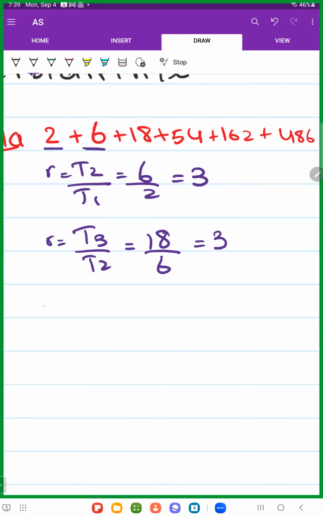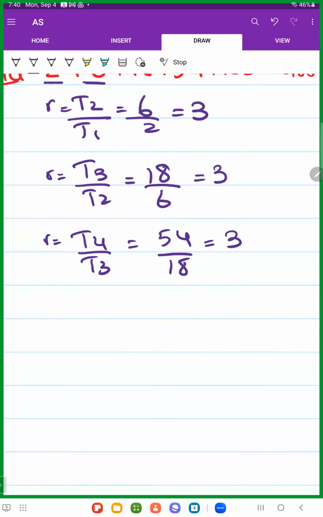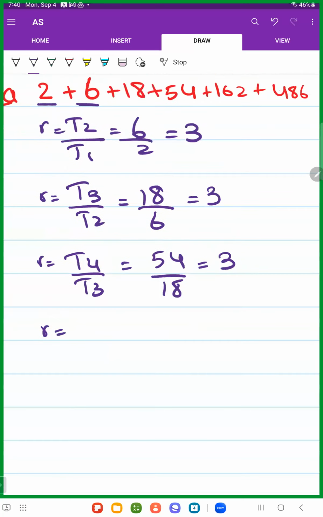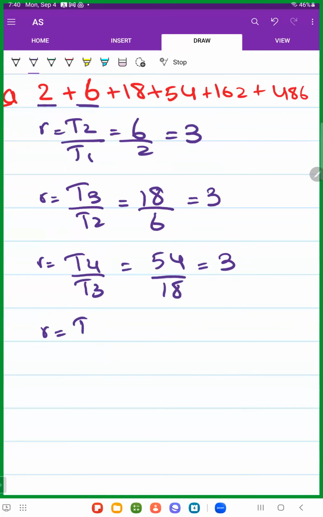Let's divide T4 by T3. 54 by 18. Is it 3? Yes. Then we will do the last 2 terms. T5 by T4 now, which is 162 by 54, which is going to be again 3.